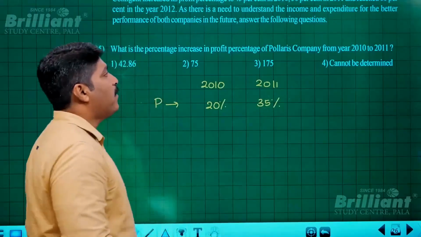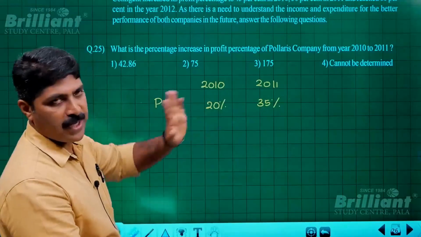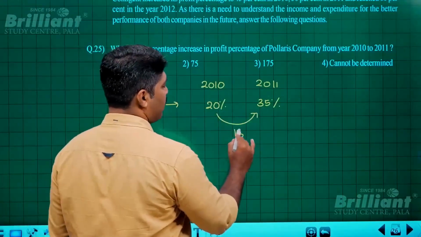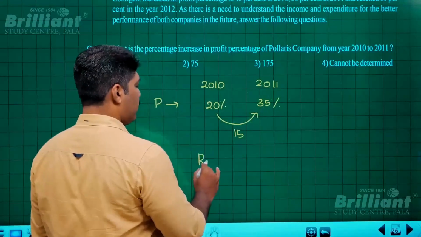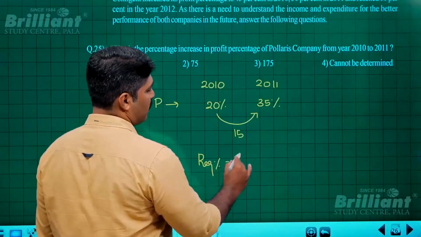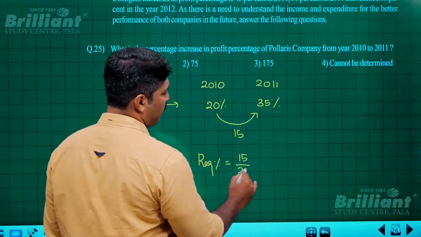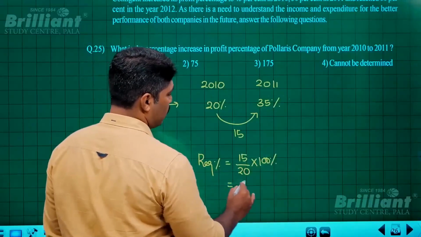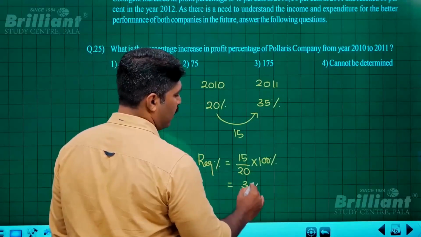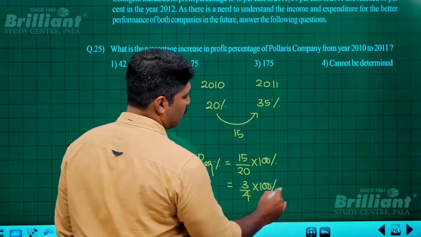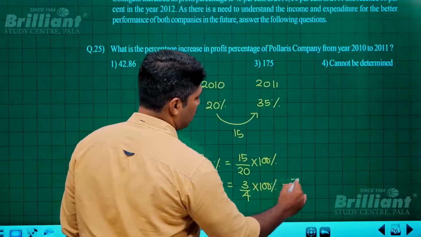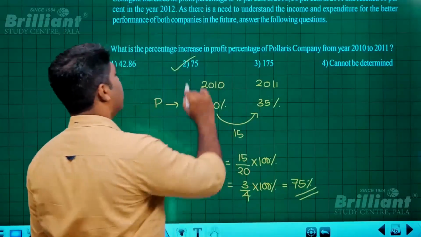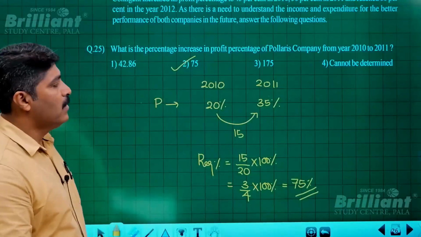We have to find out the percentage of increase reported here. The increase is 15. So the required percentage of increase is equal to 15 by 20 into 100%, which is equal to 3 by 4 into 100. So that is equal to 75%. So the answer is option 2.